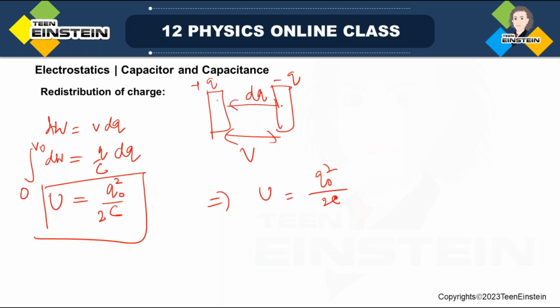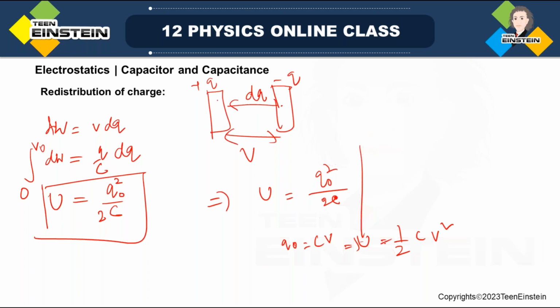Okay, so we can actually convert and write this equation in different ways. Q0 is equal to CV. So if we put this, we'll get U is equal to half CV square.